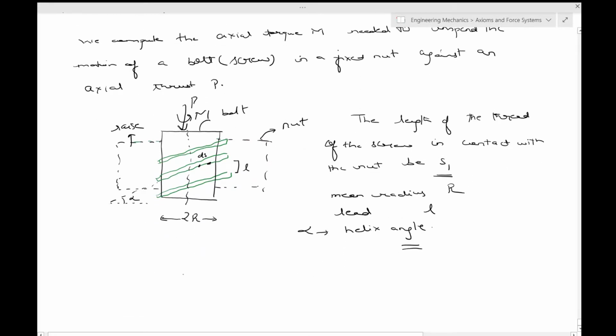Now you can actually have this L as L and then 2 pi r. One complete rotation of this screw would mean that it has risen by a length L. So clearly there is a relationship for alpha. So tan alpha will be equal to L by 2 pi r.